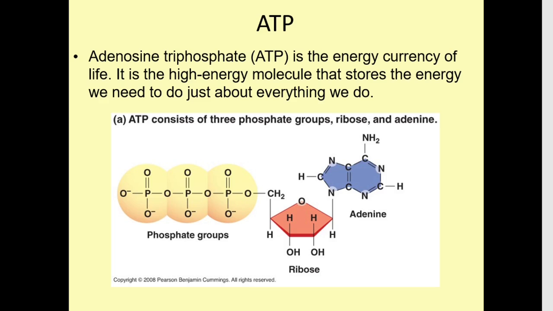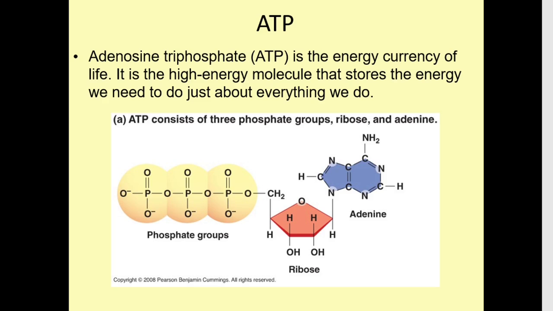A positive and a negative will attract, but 2 positives or 2 negatives will repel. It's similar if you try and hold 2 magnets together with the same poles aligned, you'll feel that push away, that repelling force. So it's the same with these 3 phosphate groups. They do not want to be in this position. They do not want to be this close to each other.